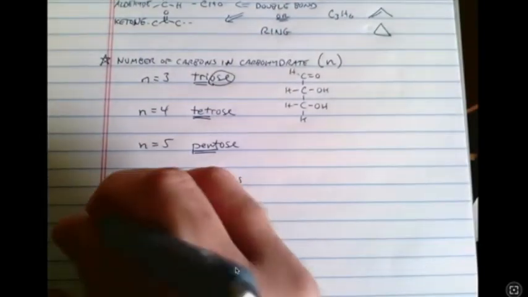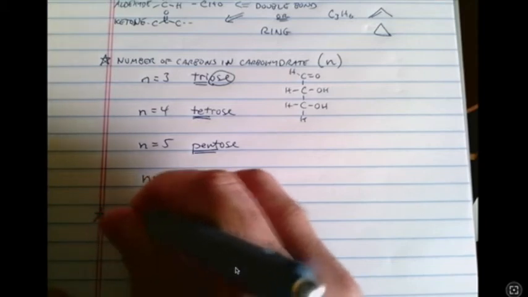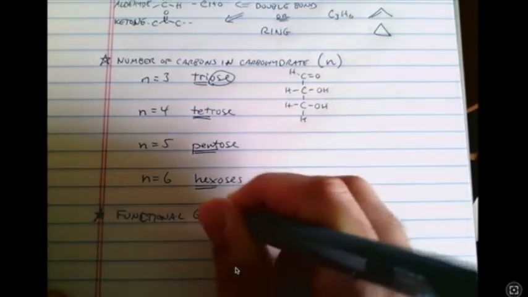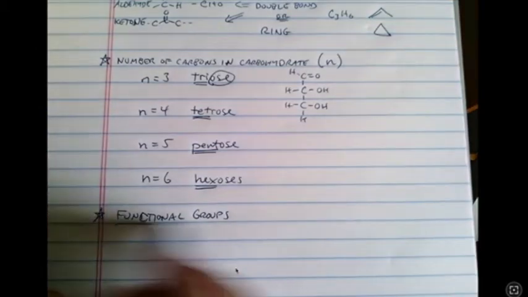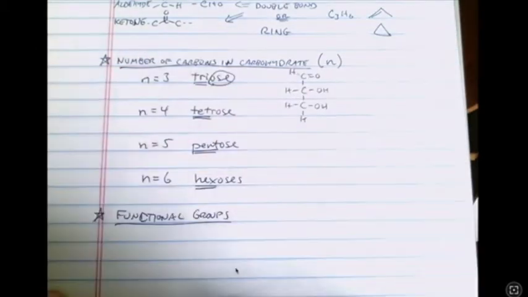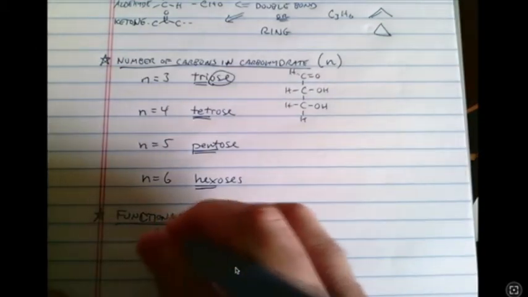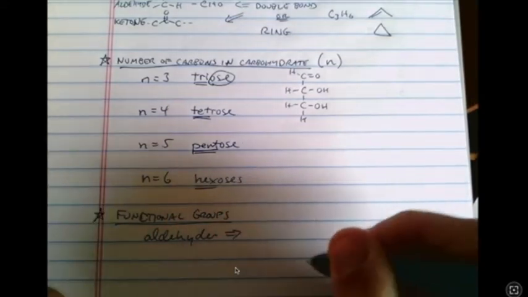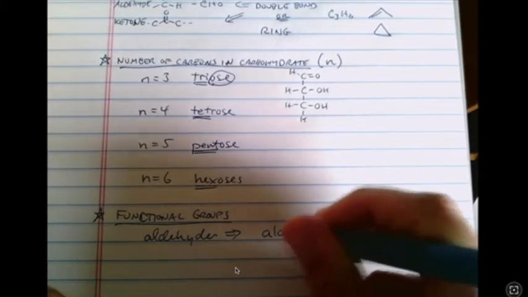The other, and I've been alluding to it already, is going to be by functional group. And so, for example, we've already examined that you can have an aldehyde in a sugar, and when you do, we're going to call that particular sugar an aldose.